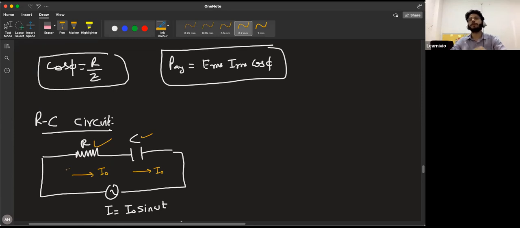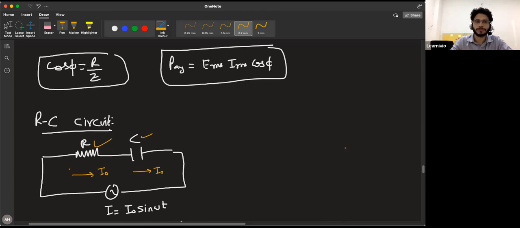Anshika, in a resistor, what is the phase difference between current and voltage? No answer from Anshika. Noha, what's the phase difference between current and voltage in a resistor?